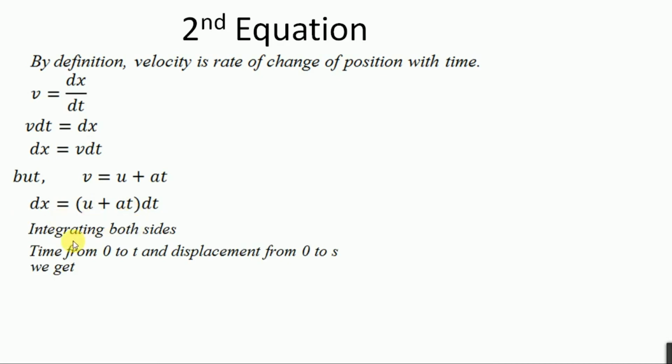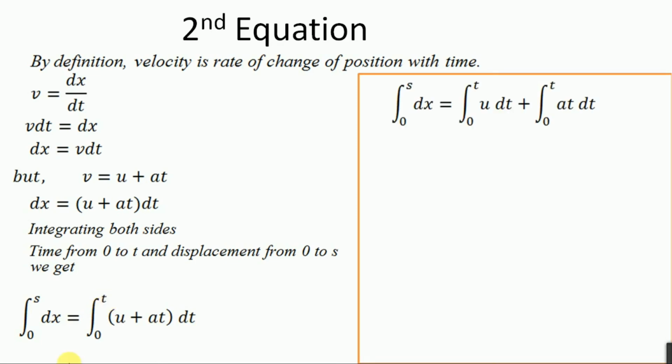Now I'll integrate both sides. The limit of time is from 0 to t and the limit of displacement is from 0 to s. So this is the integration of dx is equal to the integration of u plus at dt from 0 to t.